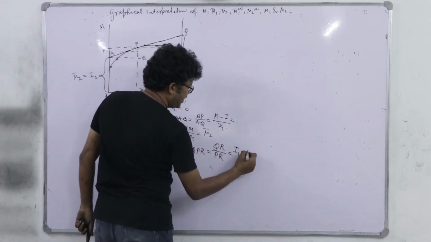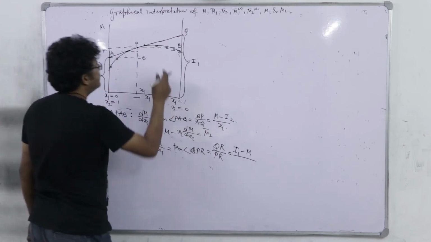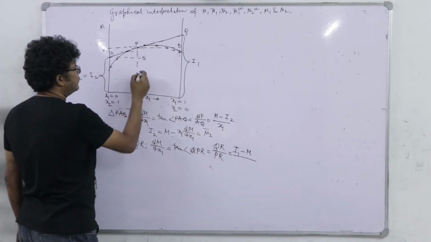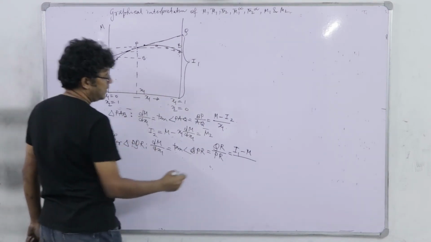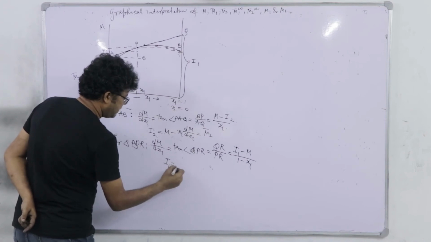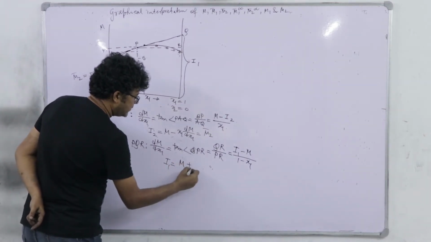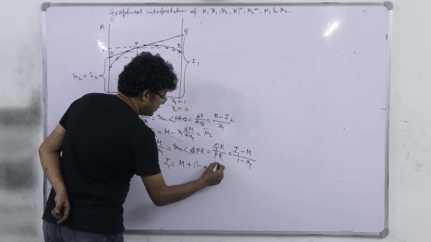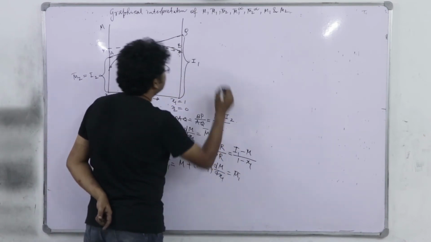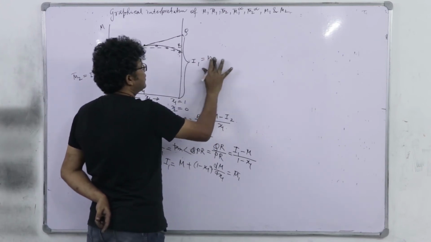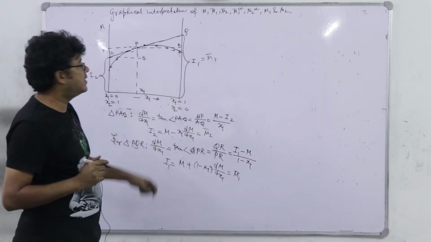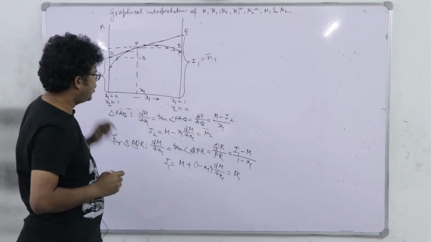So, I1 minus M, and PR is, this is 1 and this is x1. So, this is 1 minus x1. So, I1 we are getting as M plus 1 minus x1 into dM dx1. So, by definition this is M1 bar. So, from the intercept measure, actually we can calculate the partial molar property at some specific point.